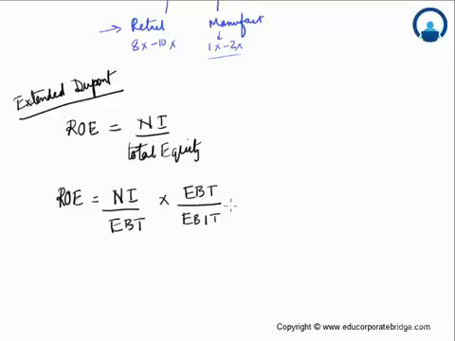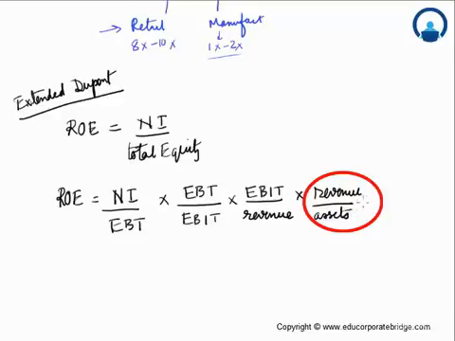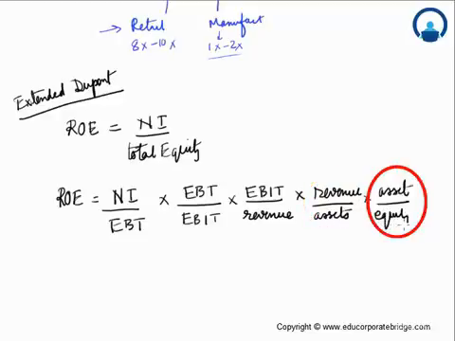So since I have introduced EBIT in the denominator, I should include this in the numerator as well. This becomes EBIT divided by revenue, this multiplied by revenue upon assets, and this multiplied by assets divided by equity.